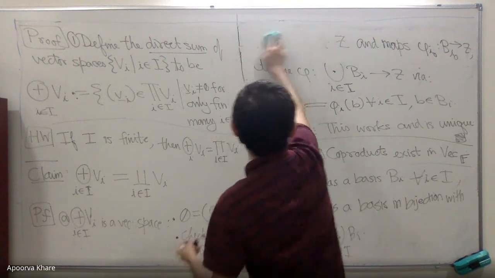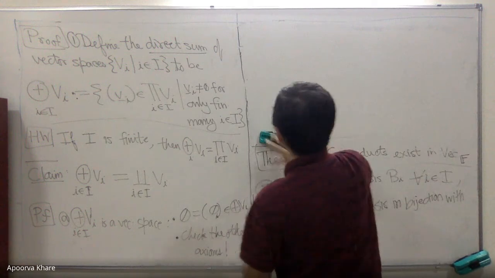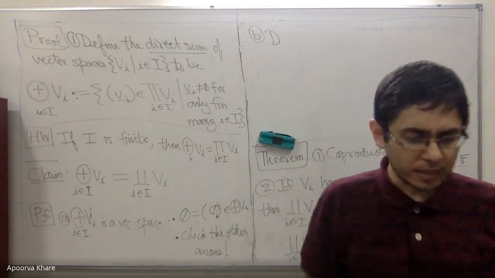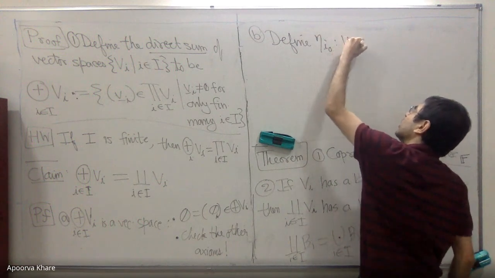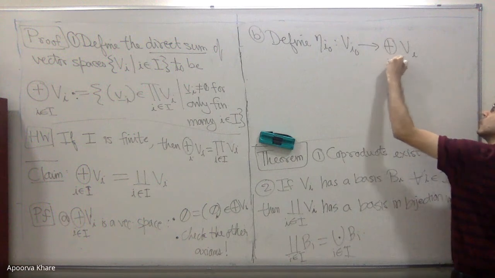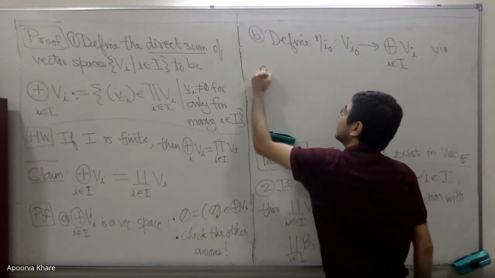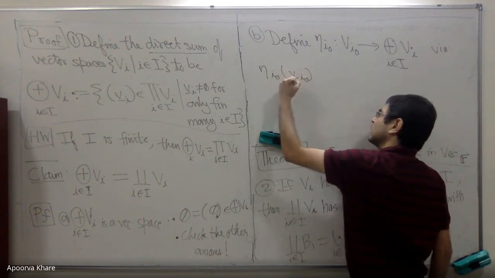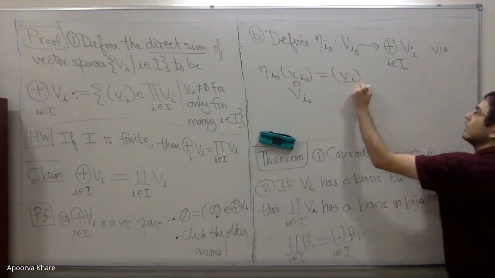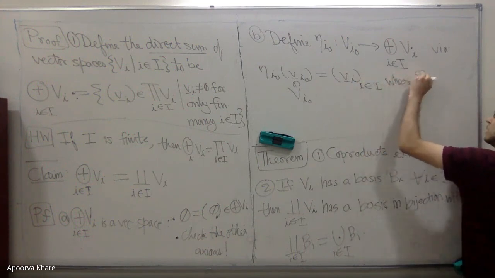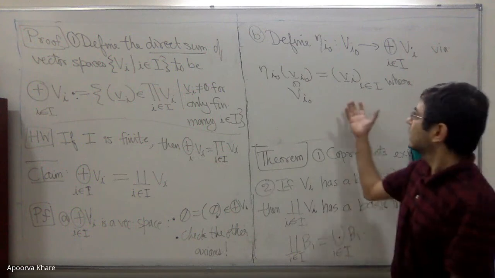The second thing I need to do is to define the linear maps eta_i. So define eta_{i0} from V_{i0} to the direct sum. How do I define it? For a vector v_{i0} in V_{i0}, eta_{i0}(v_{i0}) is the tuple (v_i) for i in I, where v_i is, in each coordinate, very simple: you keep v_{i0} in that coordinate and you keep 0 everywhere else.